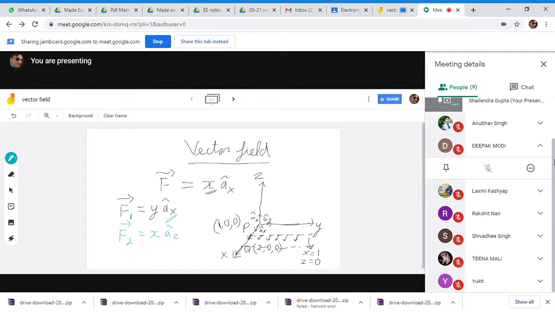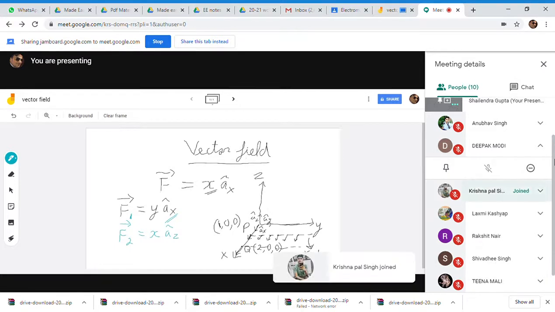Anubhav, Deepak, Lakshmi, Rakshit, they have submitted. Others are remaining. Take your time, just share it. This will give you a practice of sharing things in the classroom.